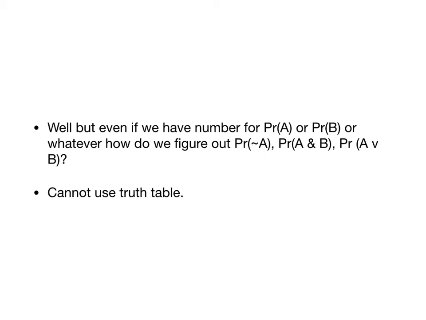How do you figure this out? Like, you can't use a truth table, right? Truth tables, again, are this all or nothing reasoning. They don't give us any formula for working with fractions or working with percentages. Well, let's start with an easy one.